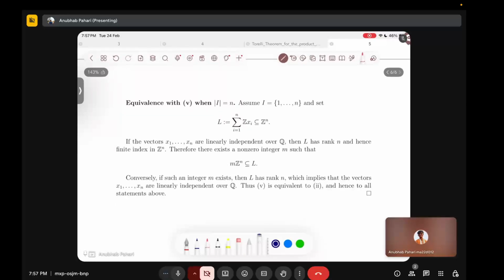Now equivalence with 5, and we show that, what if I is finite. So assume I equals to the set 1 to n, and set L as summation of Z xi, which is a subset of Z to the power n.